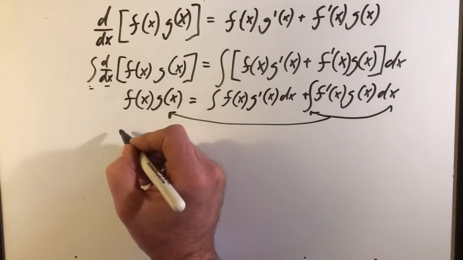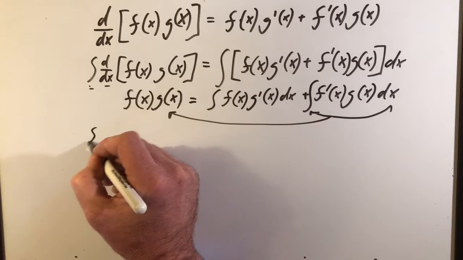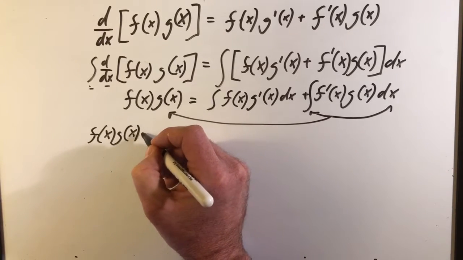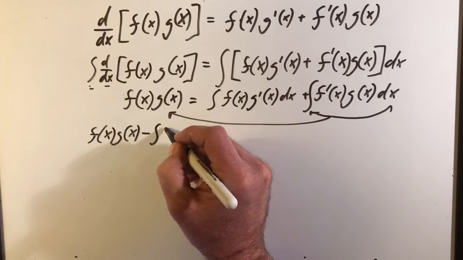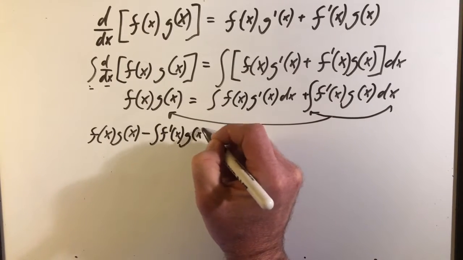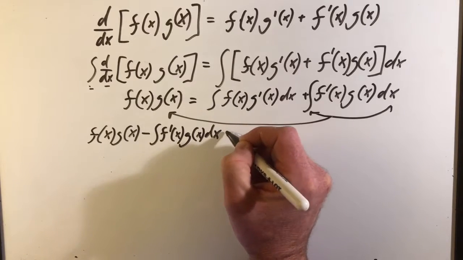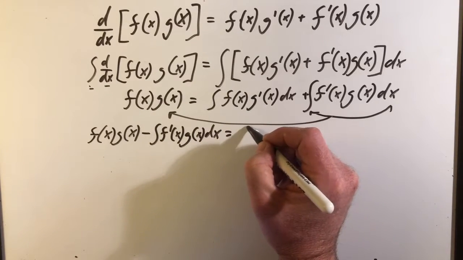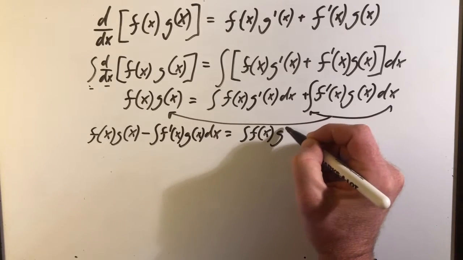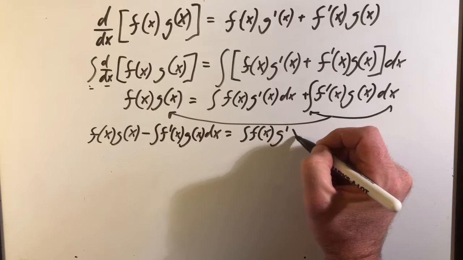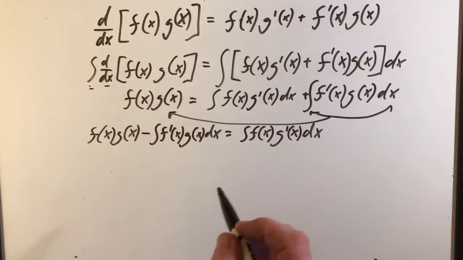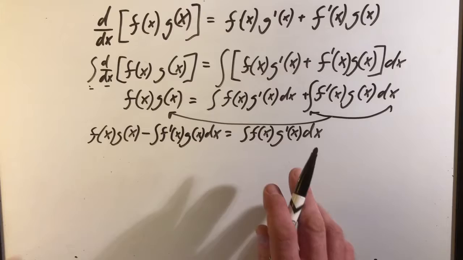Okay, so essentially I'm going to have f of x g of x, I'm sorry if I'm going really slowly, minus the integral of f prime of x g of x dx equals, we're almost there.